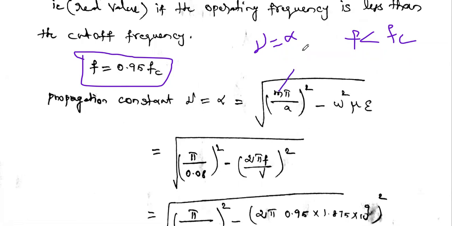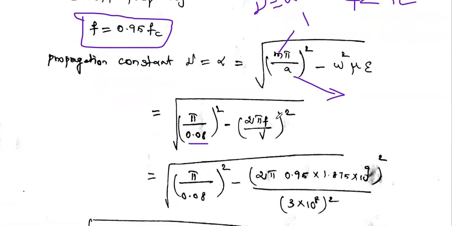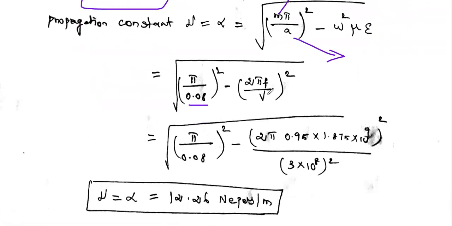The m value is 1, the a value is 0.08, and omega is 2 pi f the whole squared. And mu epsilon is nothing but 1 by v squared or 1 by c squared. So you substitute v as 3 into 10 to the power 8.